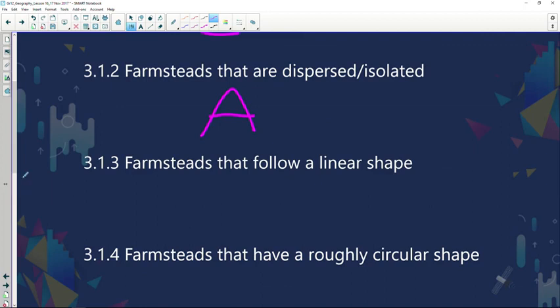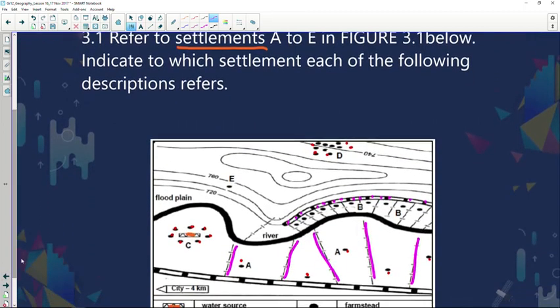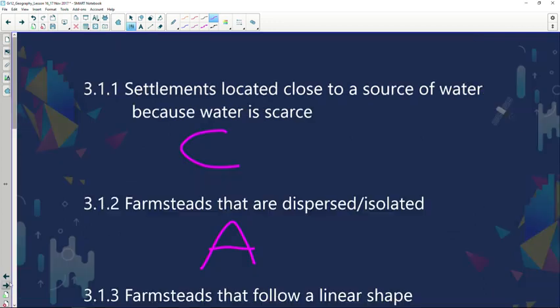The next question, farmsteads that follow a linear shape. Linear shape means a straight line type of shape. Let's quickly go and have a look over there. It's number B. As you can see, they are situated next to the river as well as next to the transport route. So they form a linear shape.